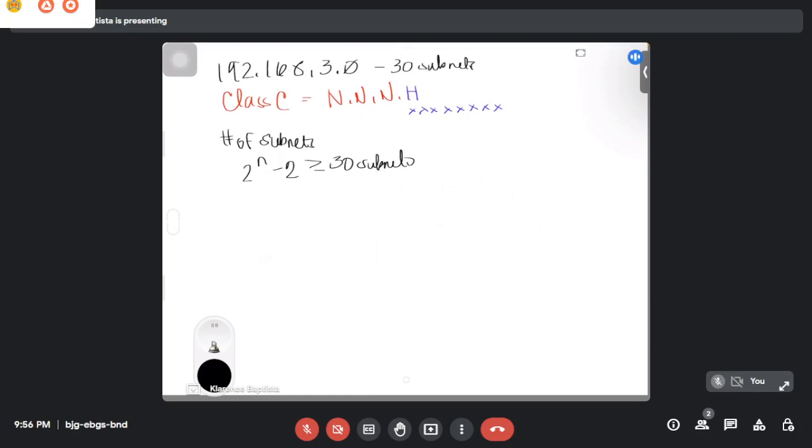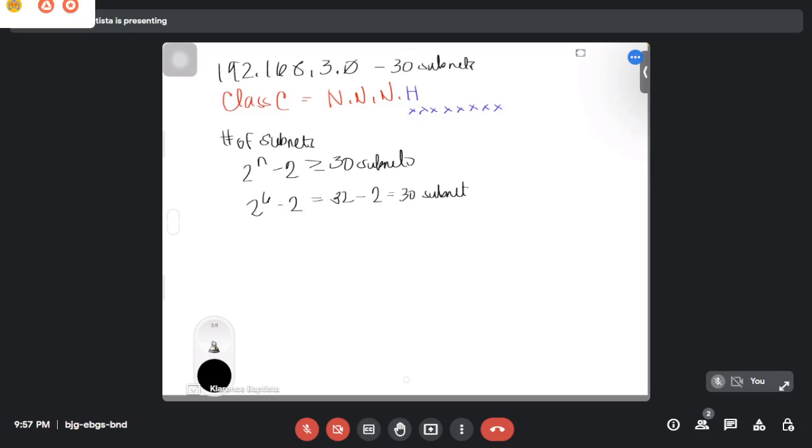Or 2 raised to 1, 2, 3, 4, 5, 6. 2 raised to 6. So 2 raised to 6 minus 2 is equals to 32 minus 2 is equals to 30 subnets. Okay, 30 subnets.